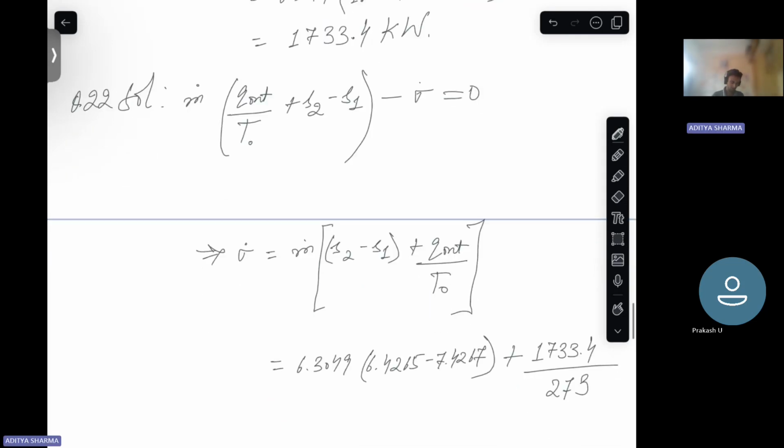And then from here we'll find the entropy balance, and then from here we will find out the entropy generation, or production, that we have discussed in the lectures, right? So the expression we have here is this, right?